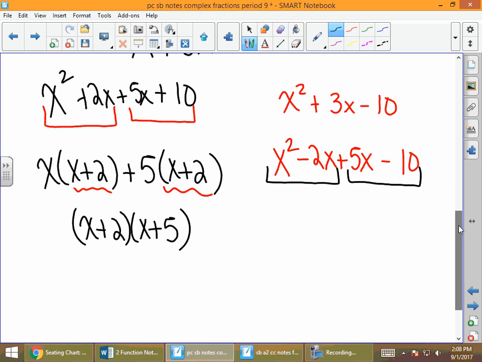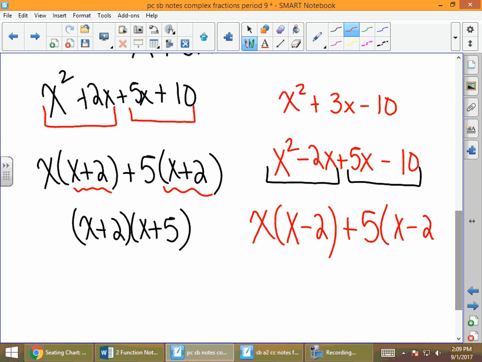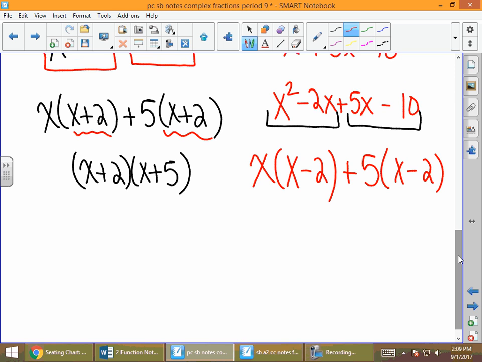And then we're going to factor. So we take out an x. We're left with x minus 2. Over here, the greatest common factor in the second group is 5. Then we've got x minus 2. And once again, x minus 2 here, x minus 2 here, we get x minus 2 times x plus 5.